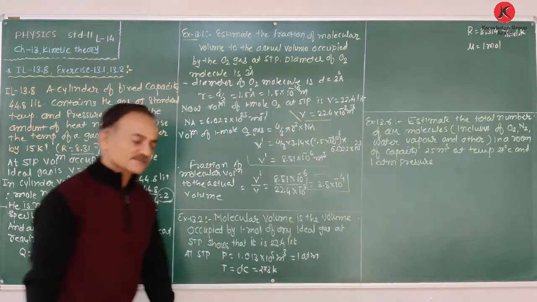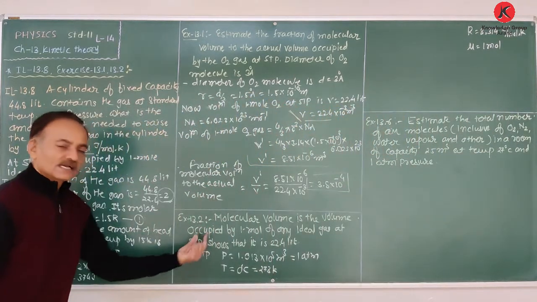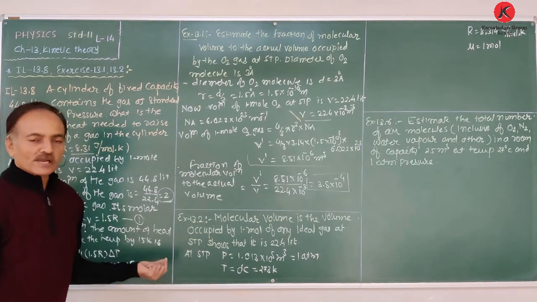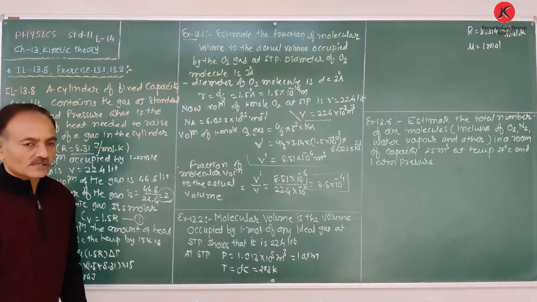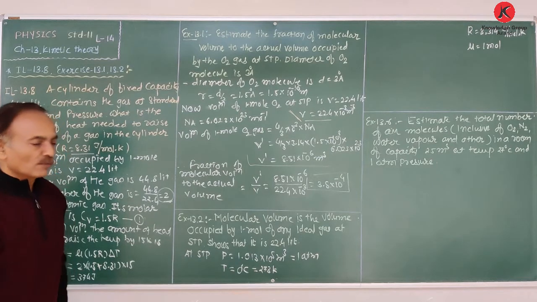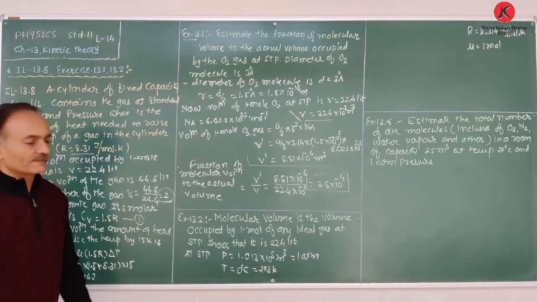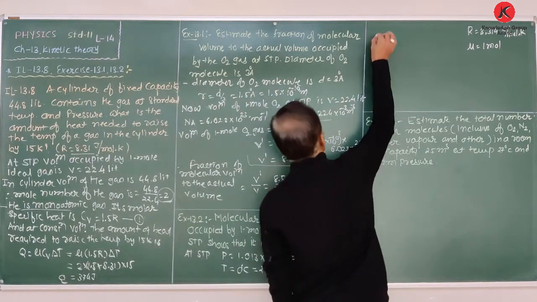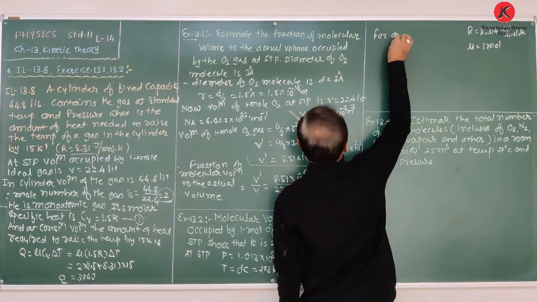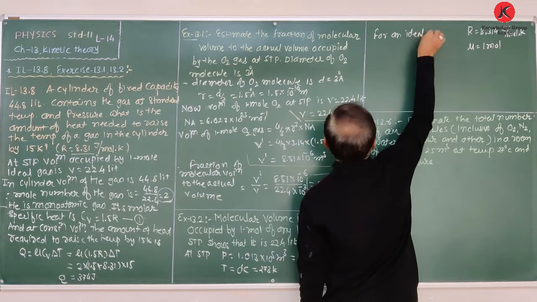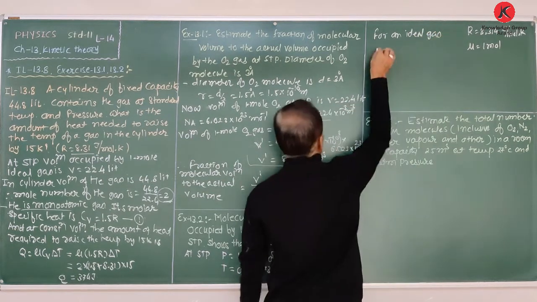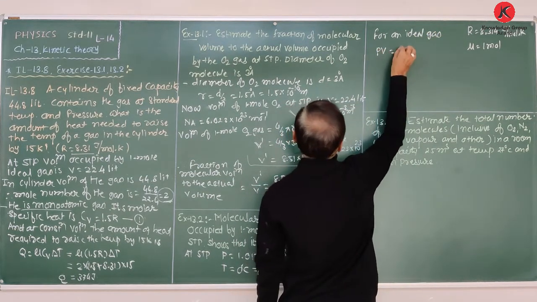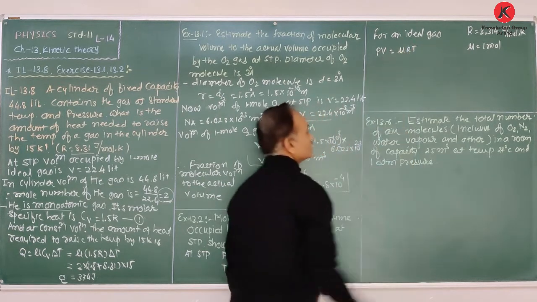Now from the equation of state, PV is equal to mu RT. Now what do we have to find out? The molecular volume is the actual volume, or the volume occupied by 1 mole of any ideal gas at STP. Right? Therefore, for an ideal gas, the equation of state is PV equal to mu RT.